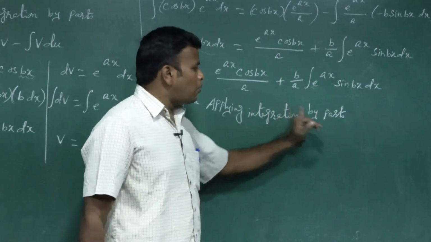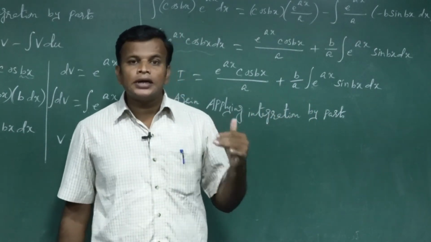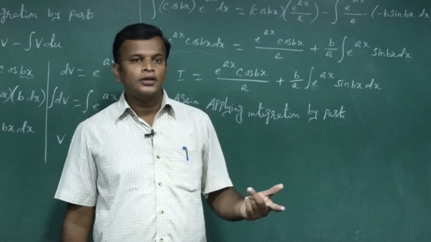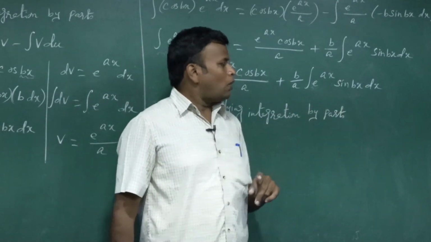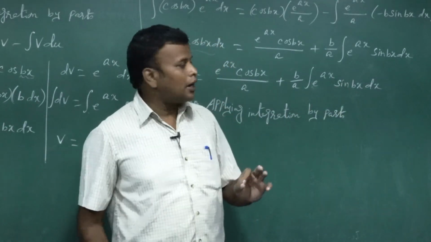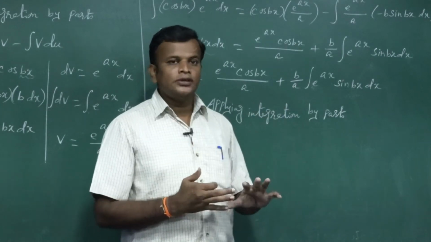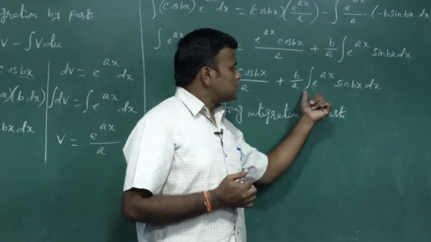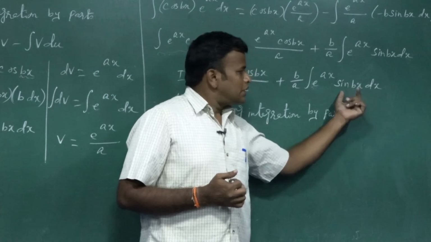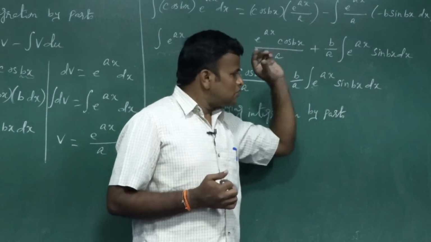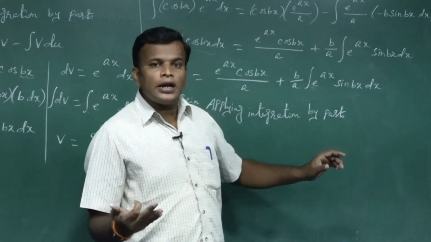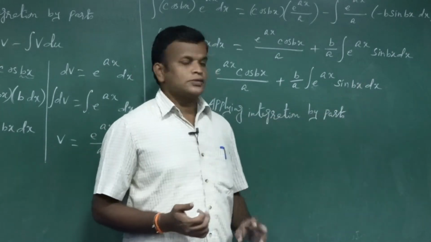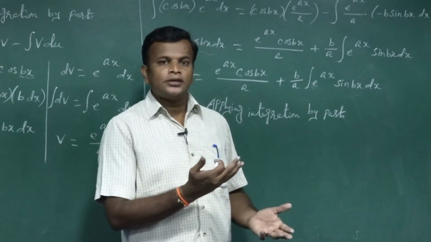Again, integration by parts. What is the LHS? Integrating of u dv. In this integration, one term is u and the remaining terms are dv. Previously we took cos as u, so here also we will do the same. I will take the value of u as sin bx, and all the remaining is dv.